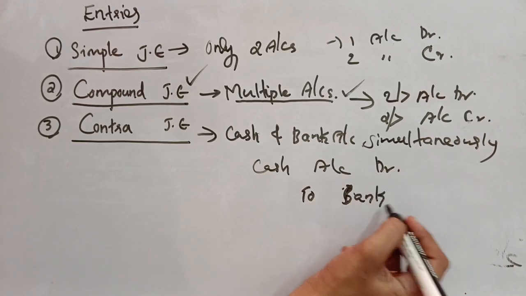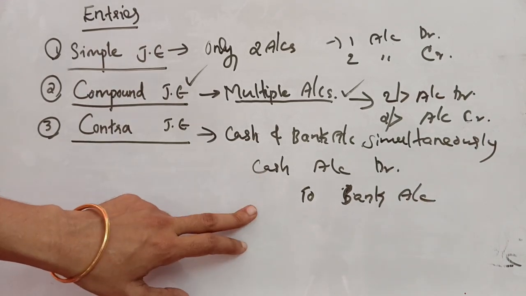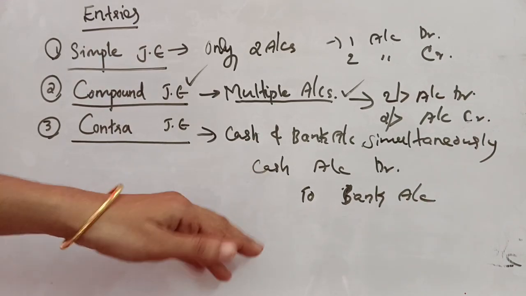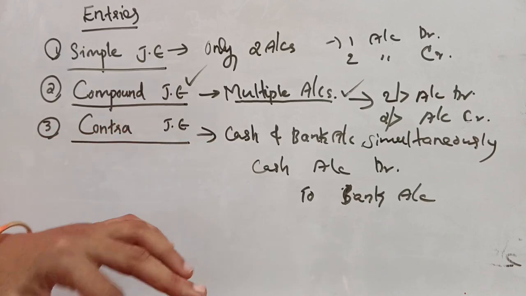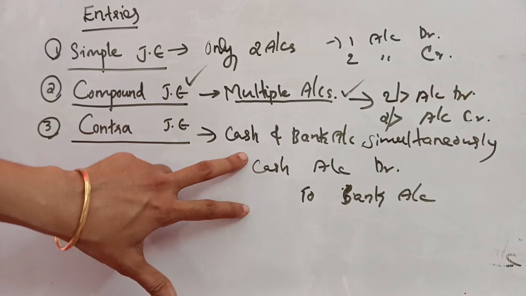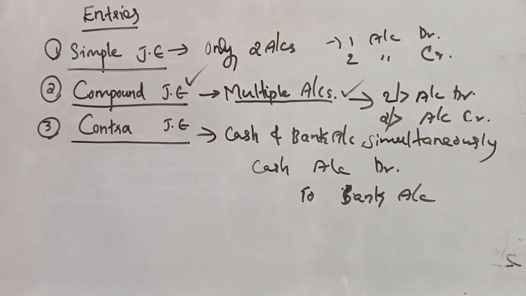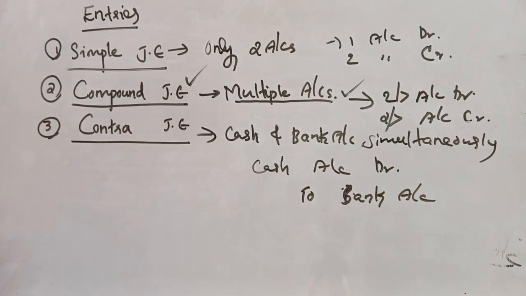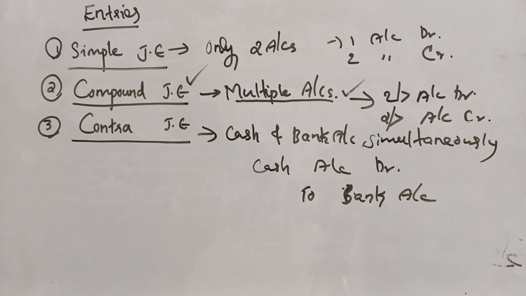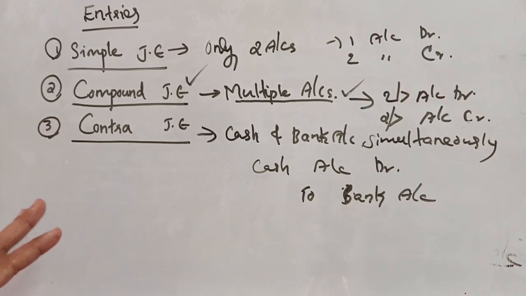Both accounts are coming on either side, that is, cash account debtor to bank account or bank account debtor to cash account. Whatever the debit or credit aspect, if the accounts involved are cash and bank simultaneously, then it is called a contra journal entry.